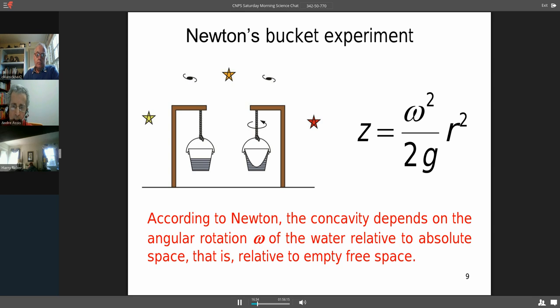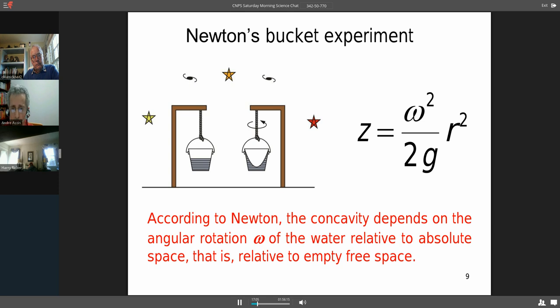So the equation z equals omega squared r squared over 2g is the equation of a parabola. This is the equation which comes out of classical Newtonian mechanics. So the experiment is very simple. The question is to understand what this angular velocity is. It is rotation of the water relative to what?